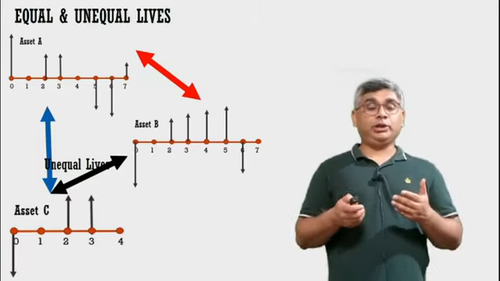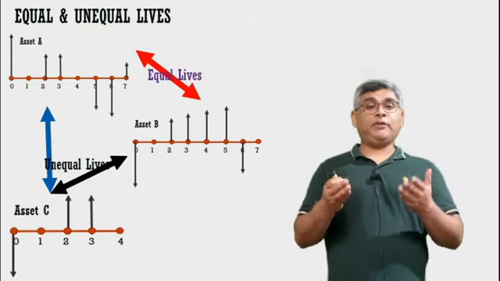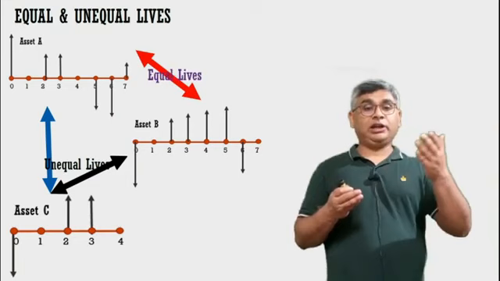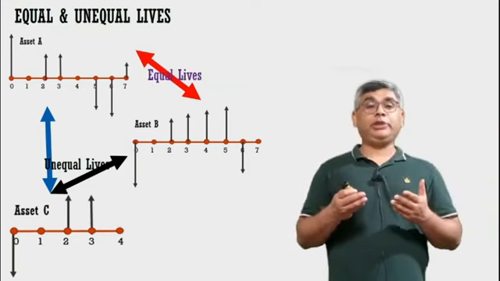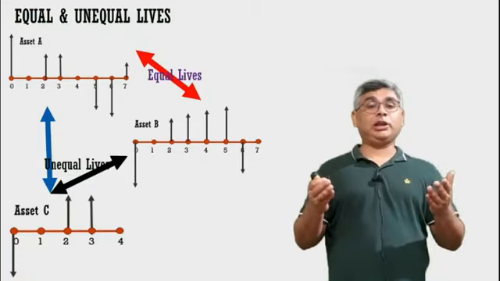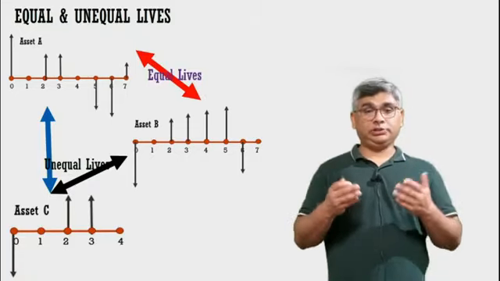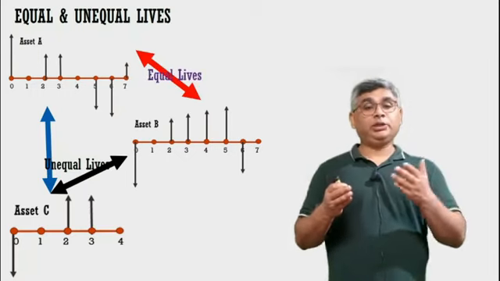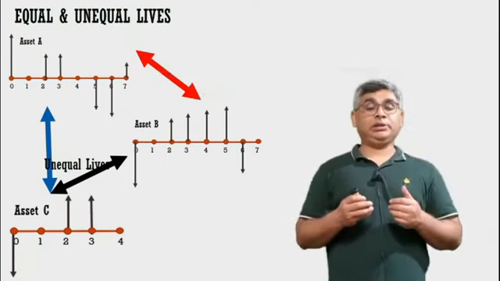That is shown here. Say, for example, if we have a cash flow for asset B and asset C, and we are comparing these two alternatives, both have the same economic life of 7 years. So this is an example of a comparison when we have equal lives of the assets.